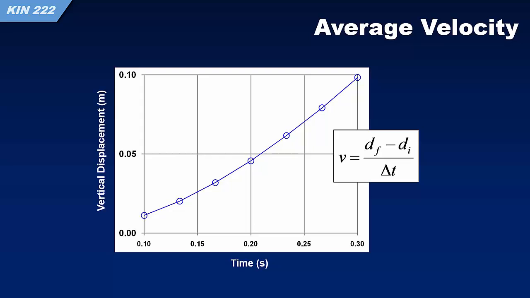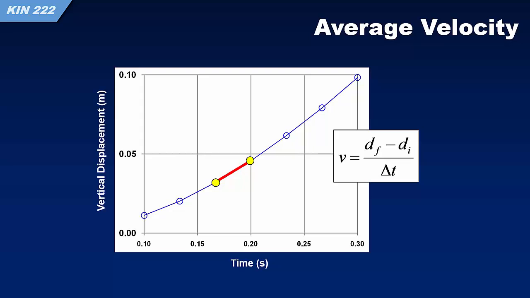Our average velocity formula, if we remember, is the change in displacement over the change in time. We could take any two frames and find the velocity between those two frames. The initial would be the first frame and the final would be the second frame, and essentially what we're finding is the slope between those two frames. That would be the velocity.